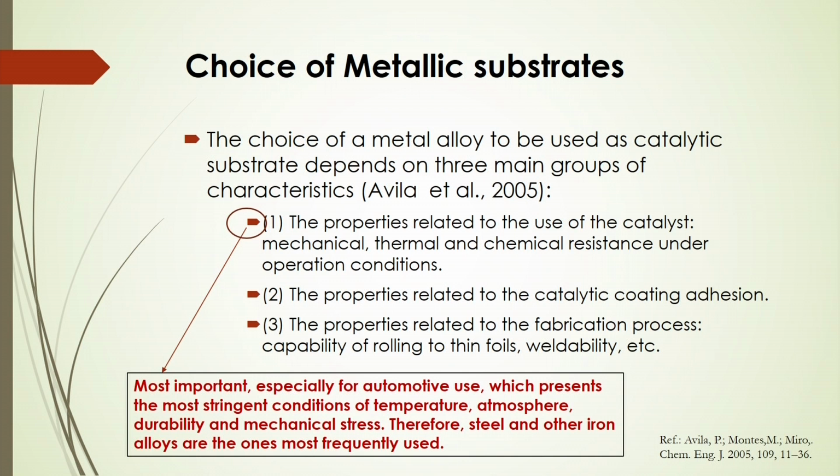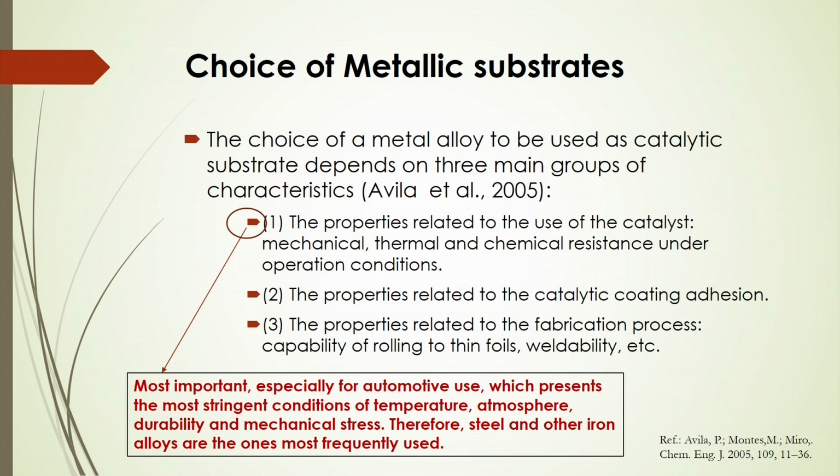Another important characteristic is the properties related to the catalytic coating adhesion, and also the properties related to the fabrication process, whether it should be capable of rolling to thin foils, or whether it should be weldable or not.